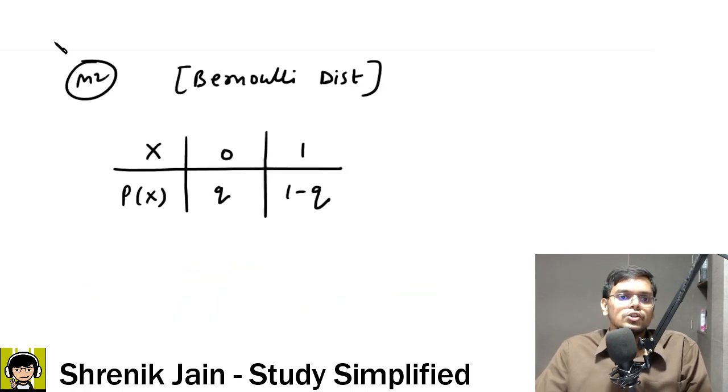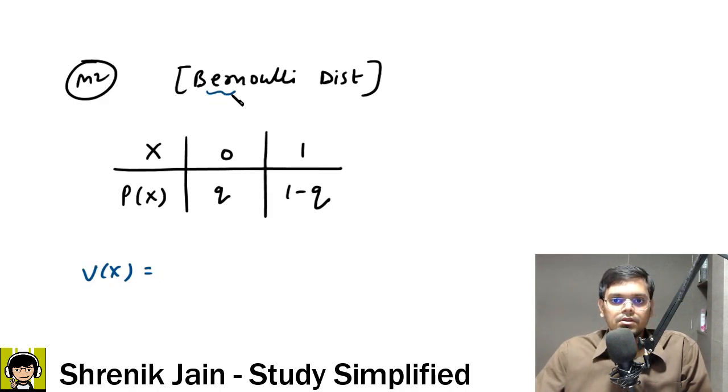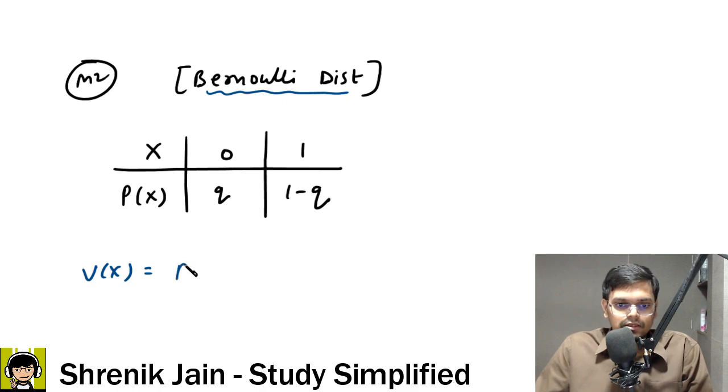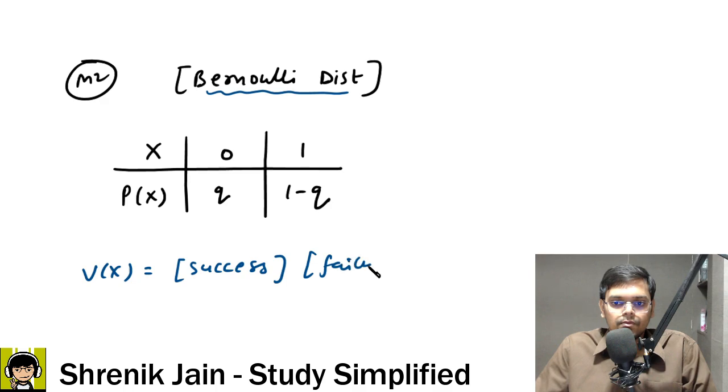Yes. So now, if somebody asks you about the variance of x as per the Bernoulli distribution, it is just P into, I should not write P into Q, otherwise you will get confused. I will just say it is success into failure. Multiply both the probabilities. So 1 minus q into q.